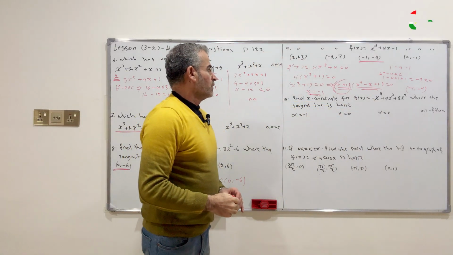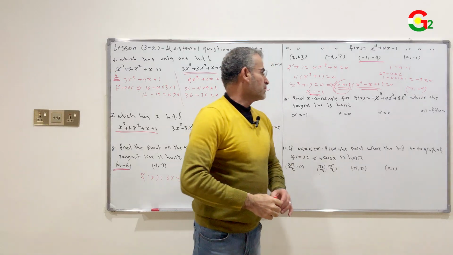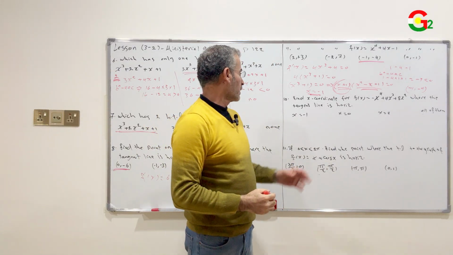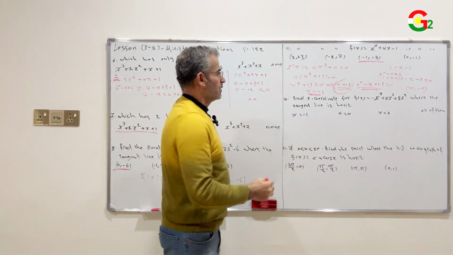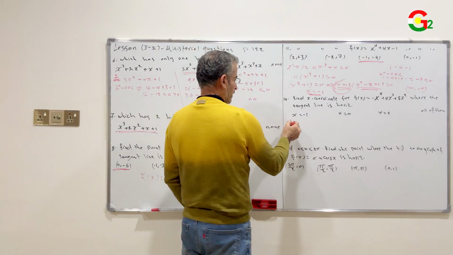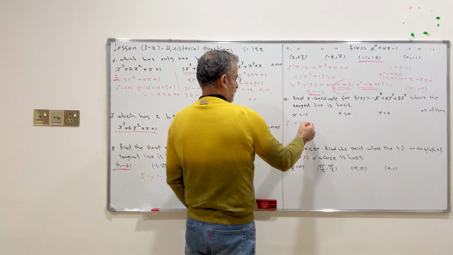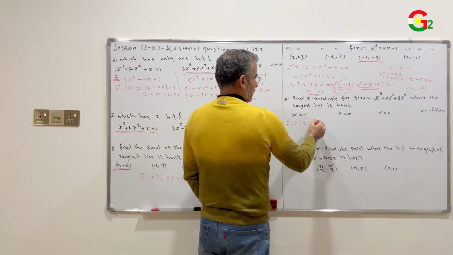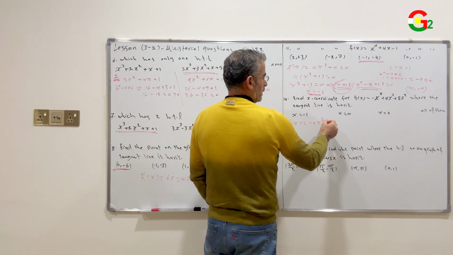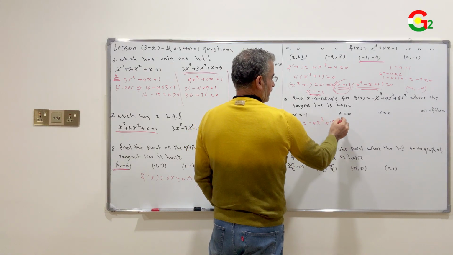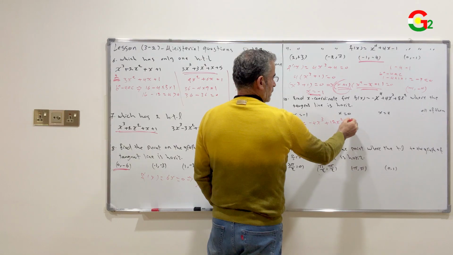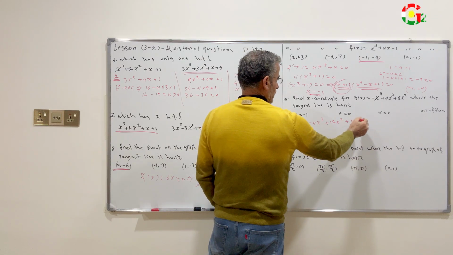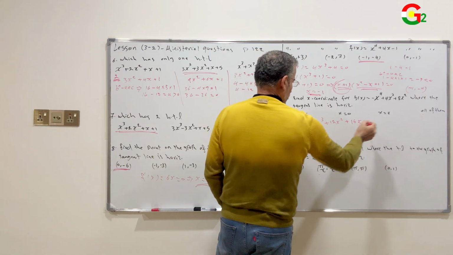Find the x coordinate for f of x equal negative x power 4 plus 4x power 3 plus 8x square where the tangent line is horizontal. Find the derivative of this function and set it to 0 and solve for x. Negative 4x power 3 plus 12x power 2 plus 16x. Set it equal to 0.